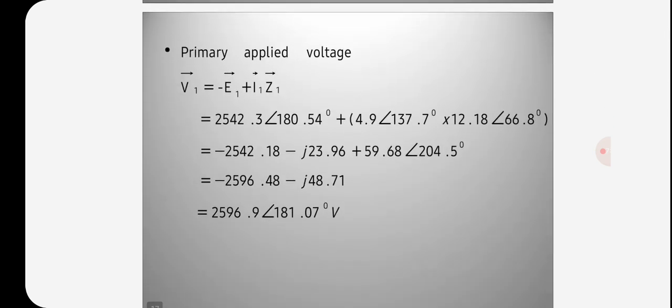So the primary applied voltage, V1, is equal to the vector sum of minus E1 plus I1 Z1, that will be 2542.3 angle of 180.54 degrees plus 4.9 angle of 137.7 degrees into 12.18 angle of 66.8 degrees.